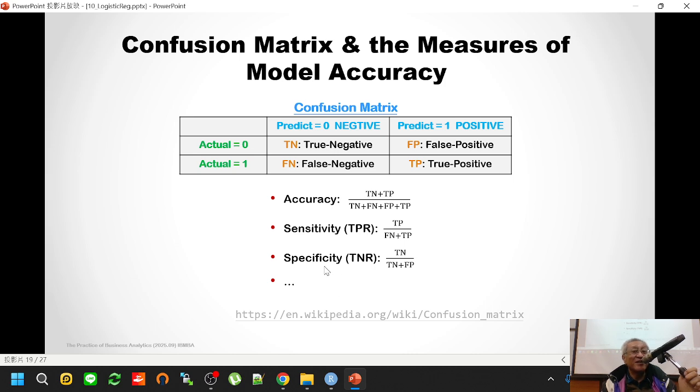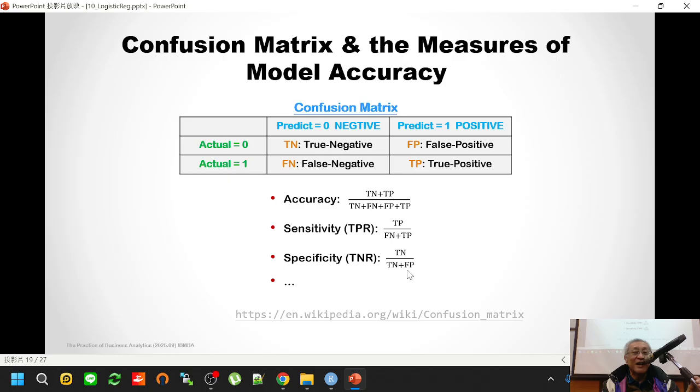And then the other accuracy metric is called specificity, and it's kind of like a reverse of sensibility.